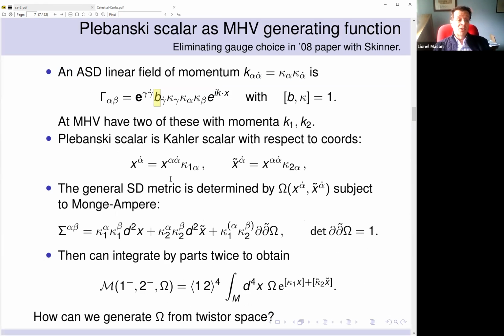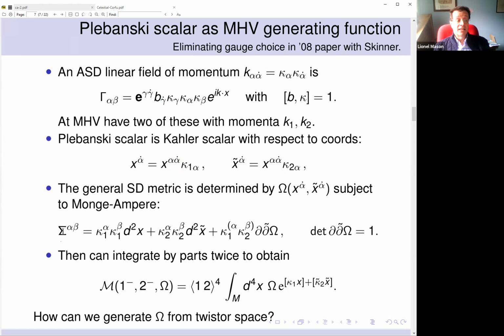And what we observed this time around in this revisiting was that when you have a self-dual background, we can use the two momentum spinors of the two minus helicity particles to set up this Plebanski scalar version of the self-dual background.